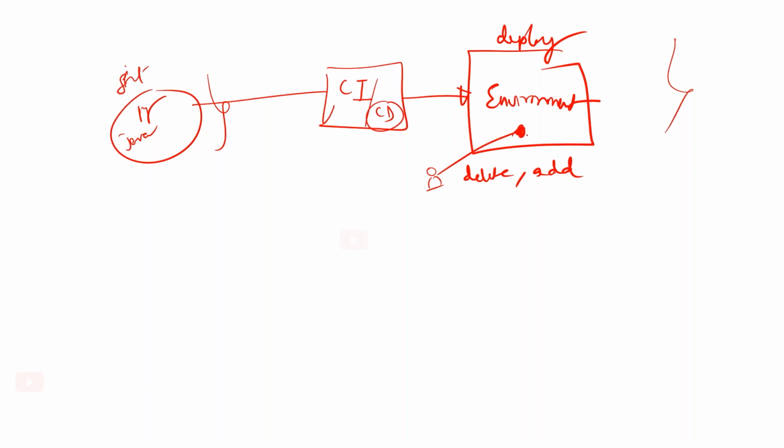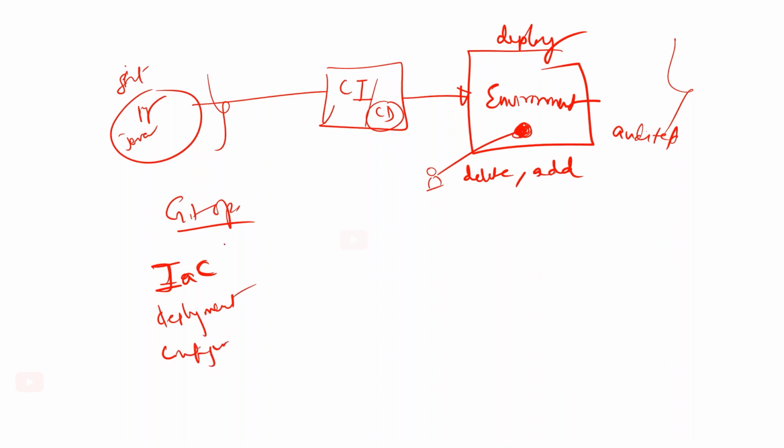Once someone is making all these changes to the environment or to the configuration, it is not audited. That means it becomes hard for us to identify who is the culprit, let's say. So in case of GitOps, you manage this complete infrastructure as code, like how your infrastructure has to look, what your application deployment files or the configuration files are.